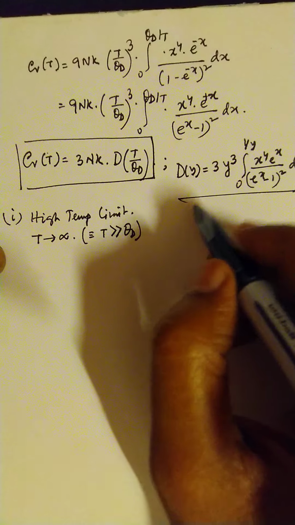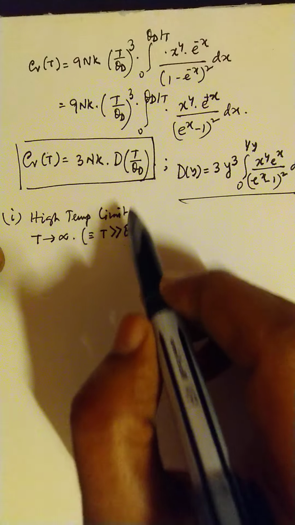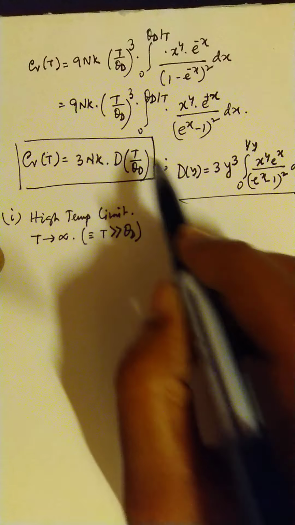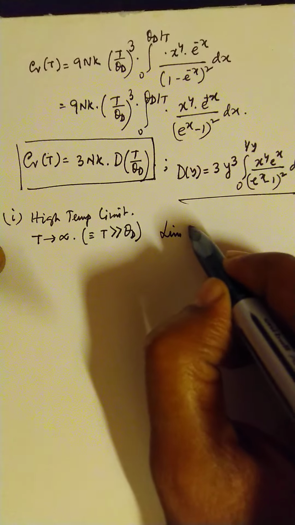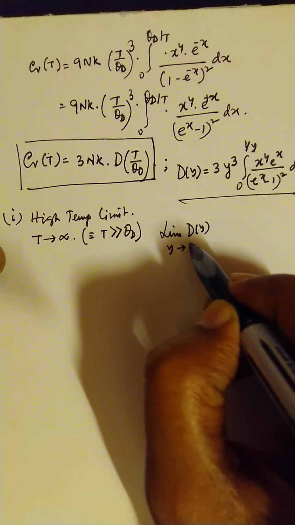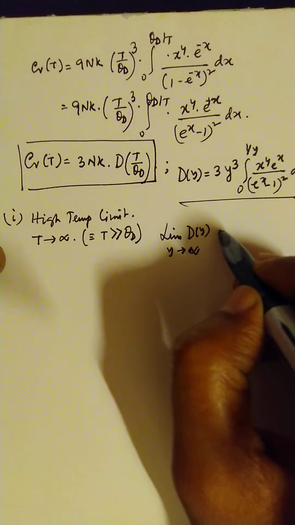Essentially what we have to find is, when temperature is very large, this coefficient is very large, this part is constant. So what the question ultimately turns out to be is D(y) when y tends to infinity, right? What is this?